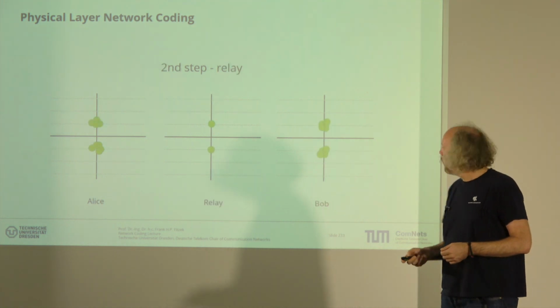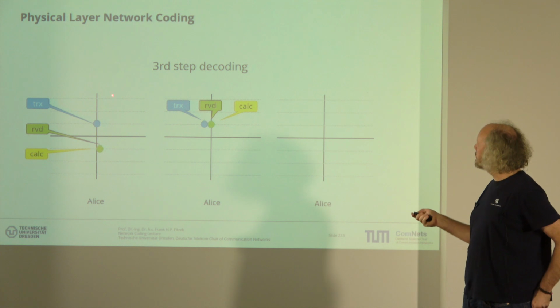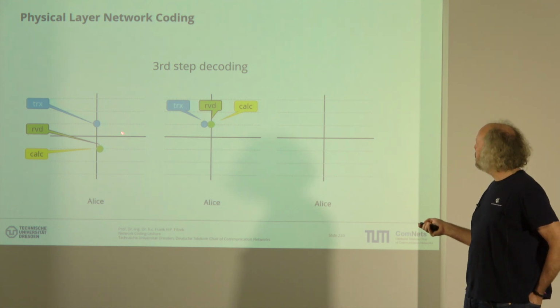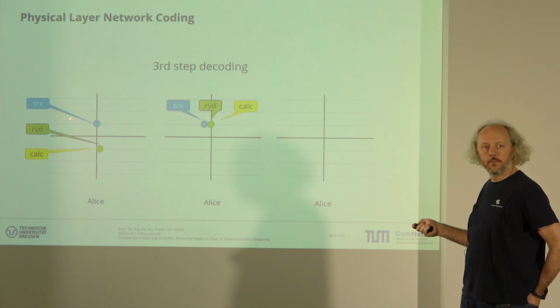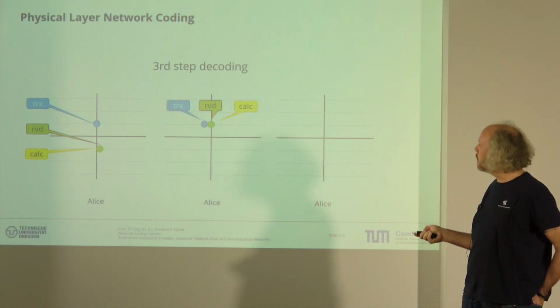Now, once you receive this, what does it mean, right? So if I'm Alice here, if I transmitted that one, and I receive a -1, what does it mean? Where is my calculated one?